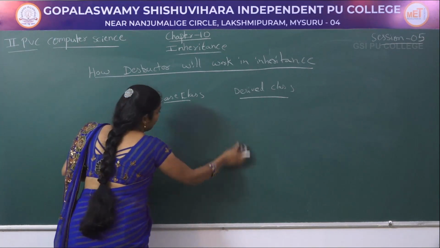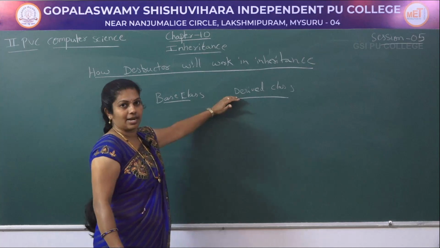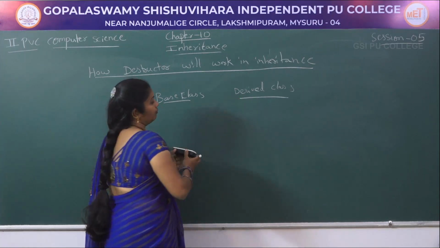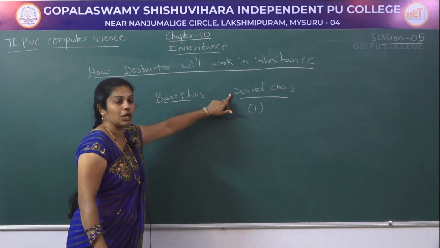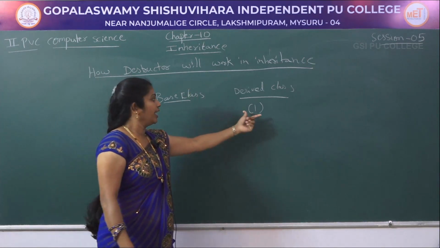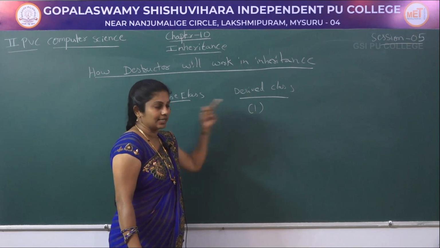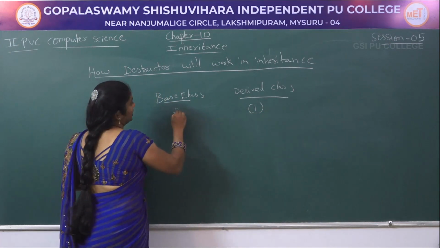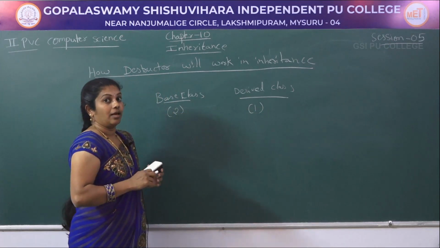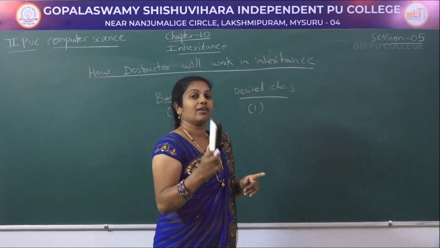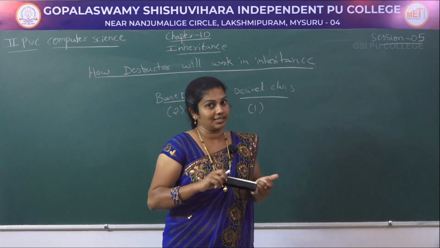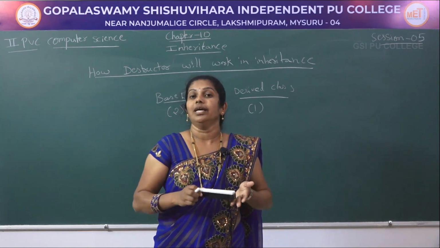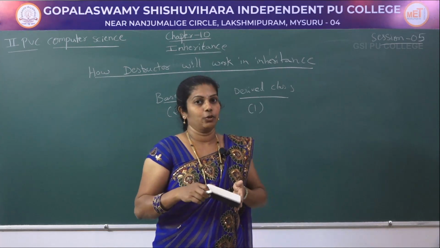In both base class as well as derived class, if you have destructor, then first it is going to execute in the derived class, and later on in the base class, especially in destructor. If you have constructor, in that case first the base class constructor is going to execute, then later on the derived class constructor is going to execute.